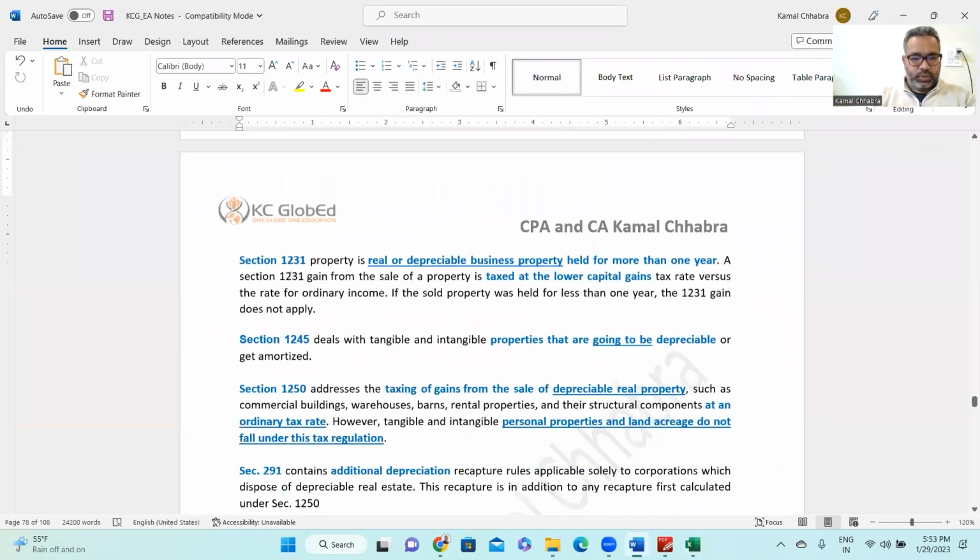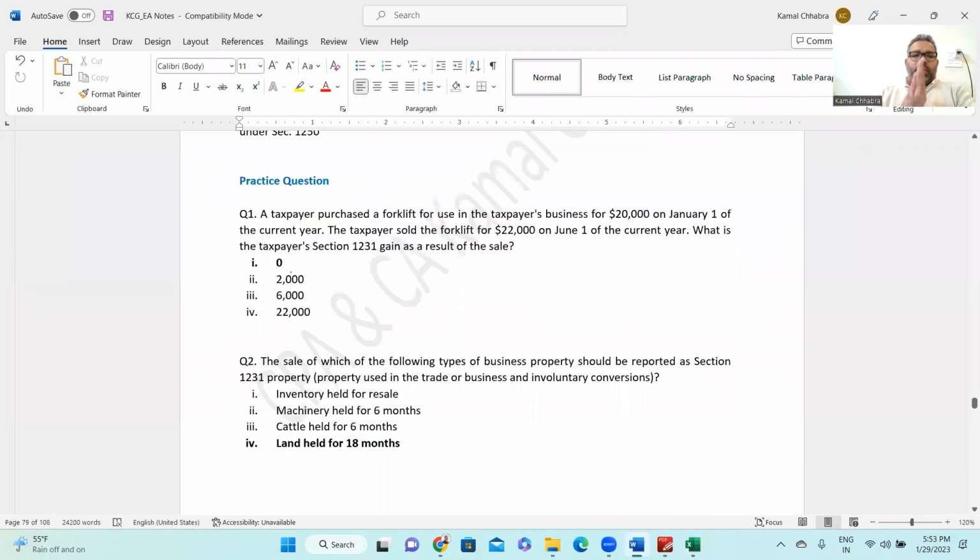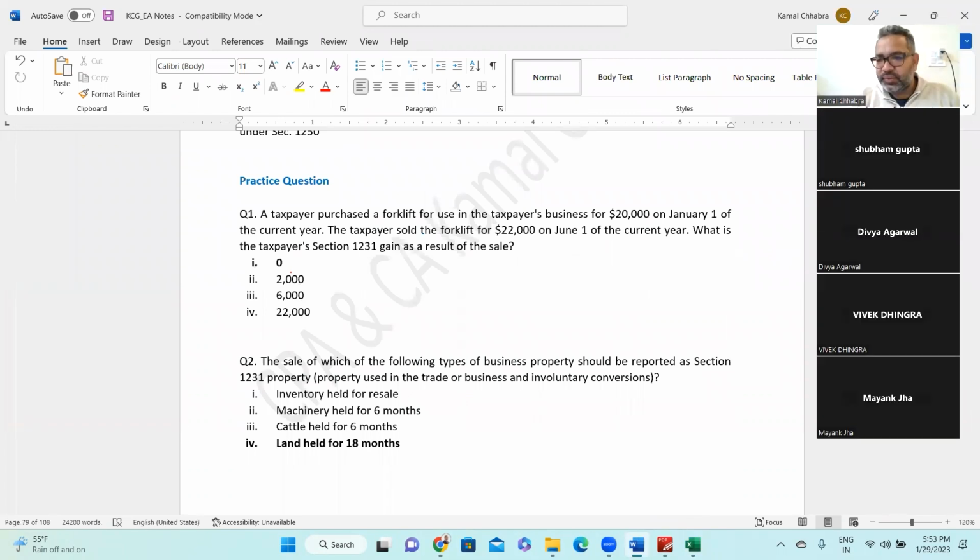Okay. So let's do some practice questions. Practice question: a taxpayer purchased a forklift for use in the taxpayer's business for $20,000 on January 1 of the current year. The taxpayer sold that forklift for $22,000 on June 1 of the current year.